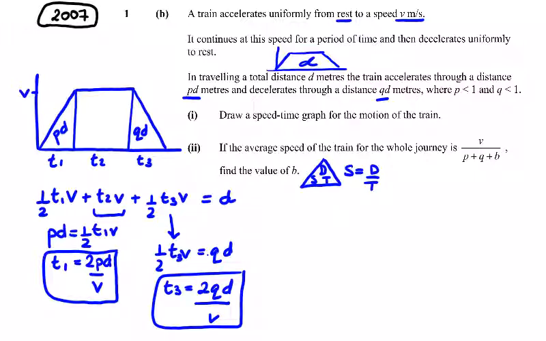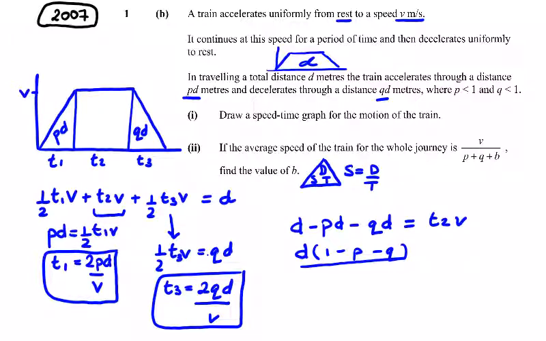Well, the total distance minus pd minus qd, that will be equal to the area of t2, or the distance traveled in t2, which we have as t2v. So I think it might be tidy to factor out this d here. D would leave 1 minus p minus q, and all over v would be t2.